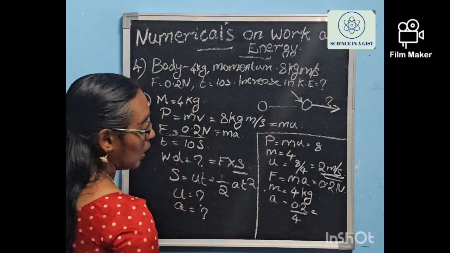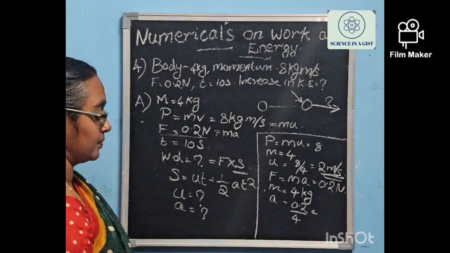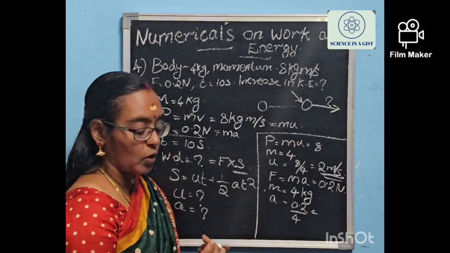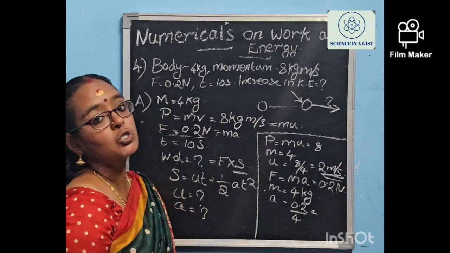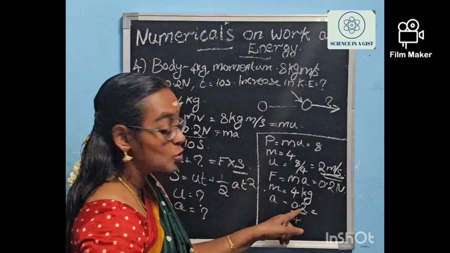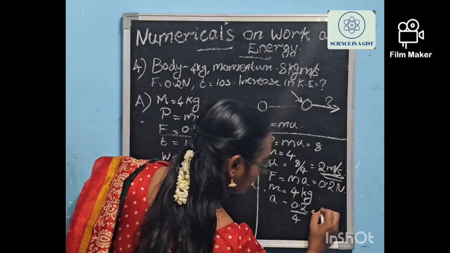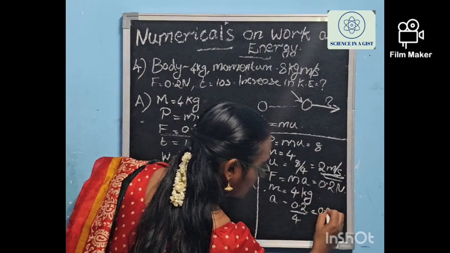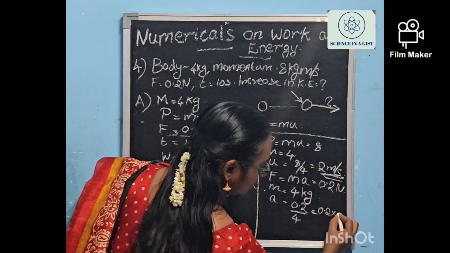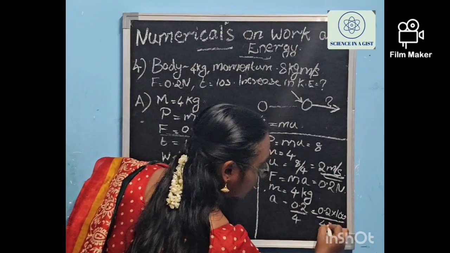How can we change it? If something is given in this form, how can we easily convert it? In which case, this 2 will go in 4? No. 4 1s are 4, 4 2s are 8, 4 3s are 12, 4 4s are 16, 4 5s are 20, isn't it? For that, we have to convert this 2 as 20. For that, how many zeros we have to add? 0.2 into 100, to convert it into 20, divided by 4 into 100.